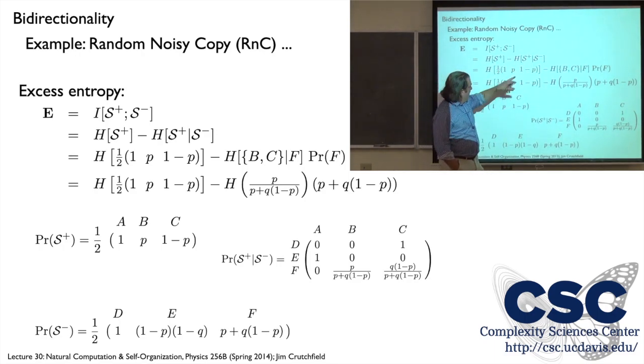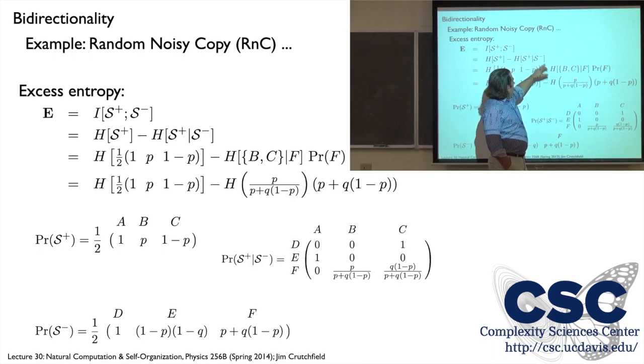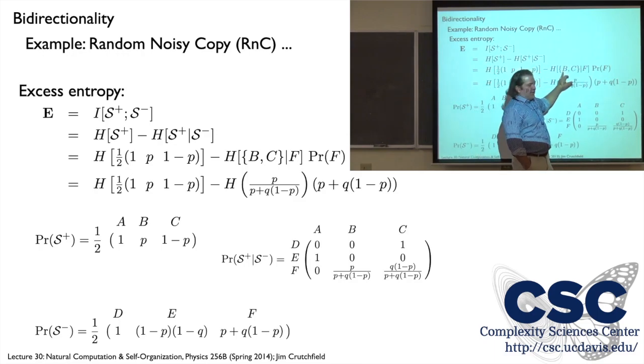I calculated that. And then if you remember, there was only one row in the joint process, or in the conditional distribution matrix, where there was any uncertainty, right? In D and E, I knew exactly what forward states I was in.